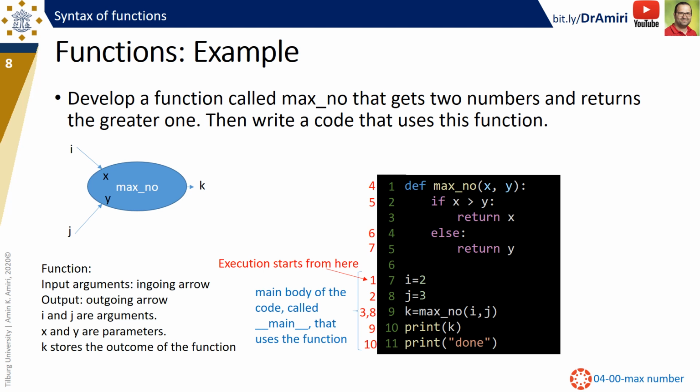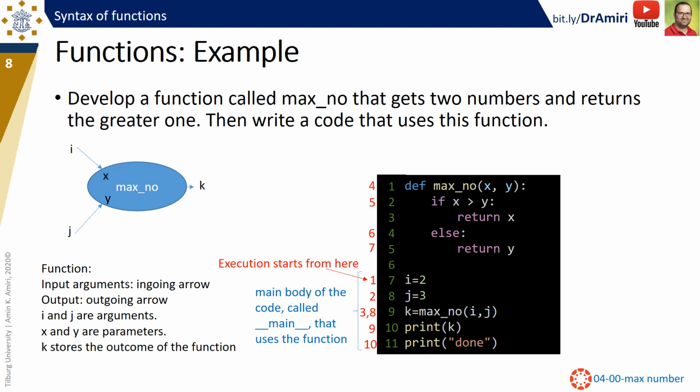Since x is smaller than y, it jumps to line 4, and Python executes a return y in line 5. So 3 is returned. So the execution is returned to line 9 where we call the function. 3 is placed.